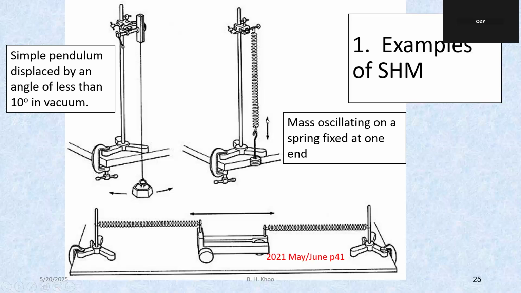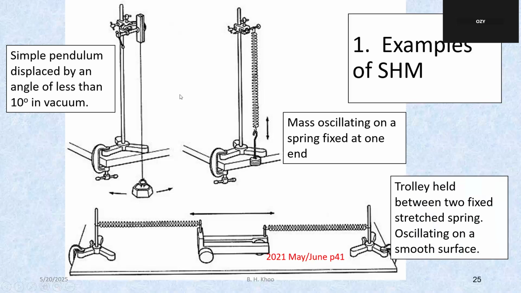And for a spring vibrating, your displacement must not exceed the elastic limit. This is your trolley held between two fixed springs, oscillating on a smooth surface.